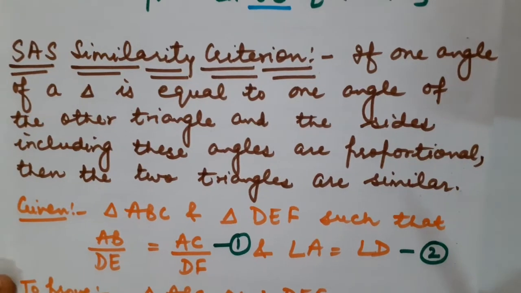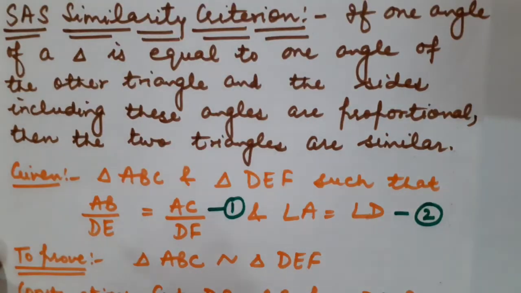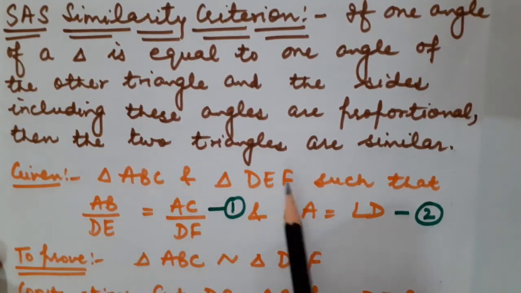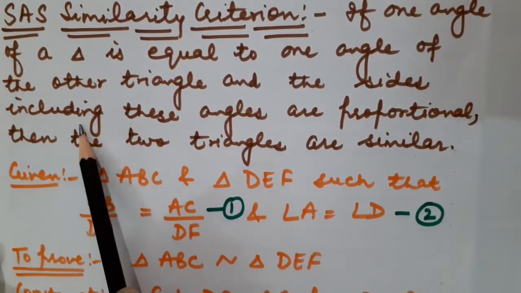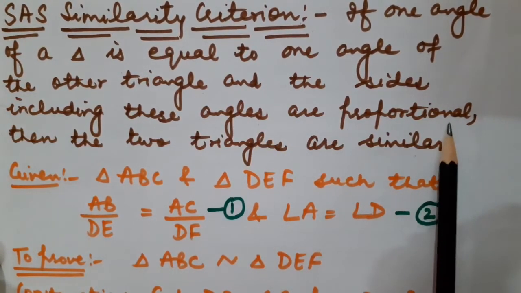Fine, children? This we have to prove. What has been given to us according to this criteria? We have been given one angle of the first triangle and one angle of another triangle. They both are equal, and along with it, the sides which include these angles are also in the same ratio. Fine.